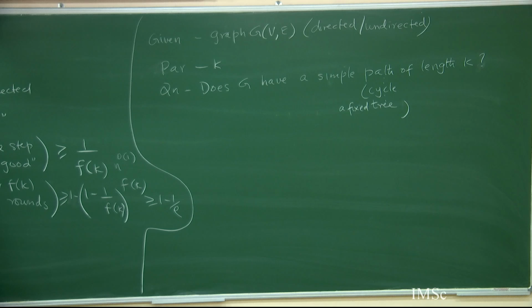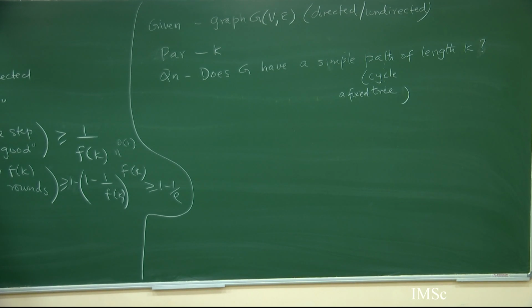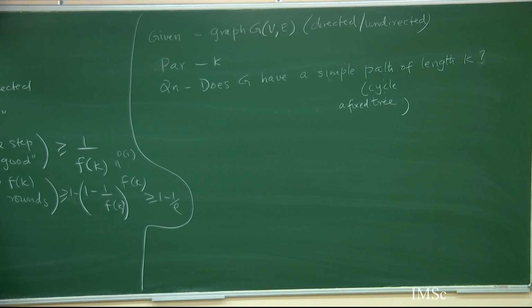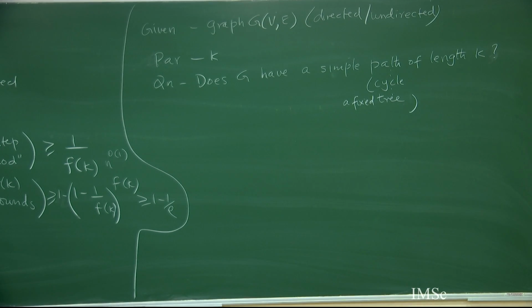Is it even an NP-hard problem? Hamiltonian path, right? If I have a polynomial time algorithm which is polynomial in k and the input size, then I can ask, is there a simple path of length n minus 1? That is the same as asking, does the graph have a Hamiltonian path, which we know is an NP-hard problem.